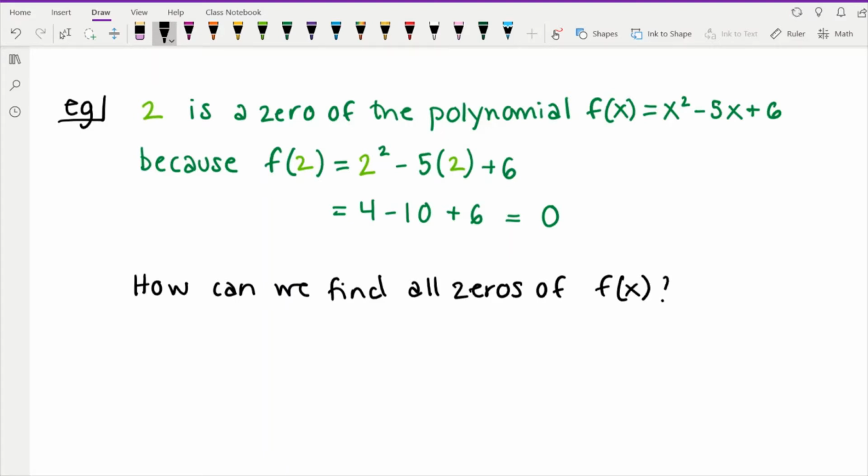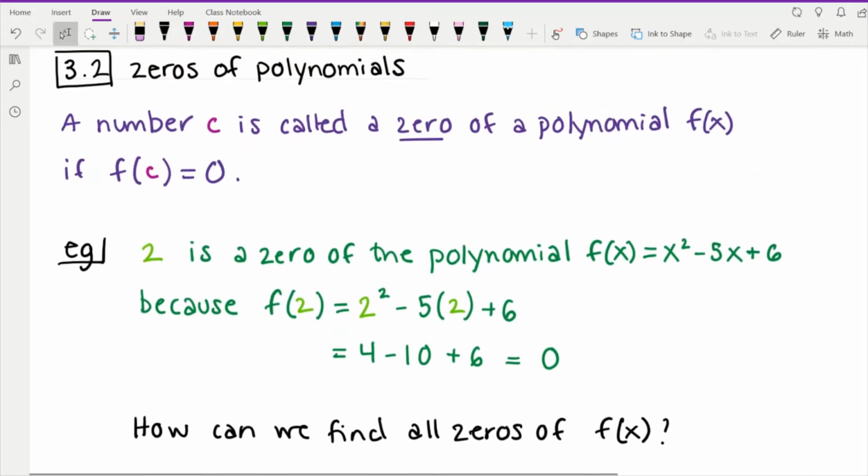Well, let's go back again to the definition of a zero and think about how we could use that definition to find all zeros. So it's telling us that a number is called a zero if when you plug that number in, you get 0. And another way of saying that is that we want the output to be 0, right? And we're trying to figure out what are those inputs that give us an output of 0.